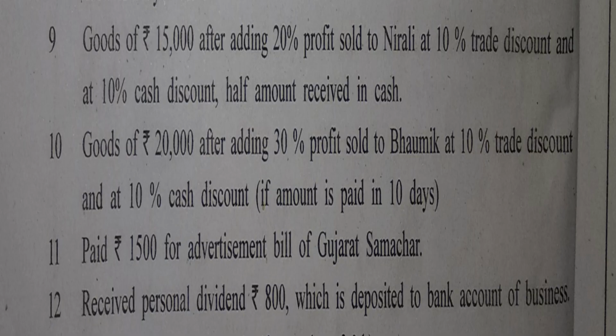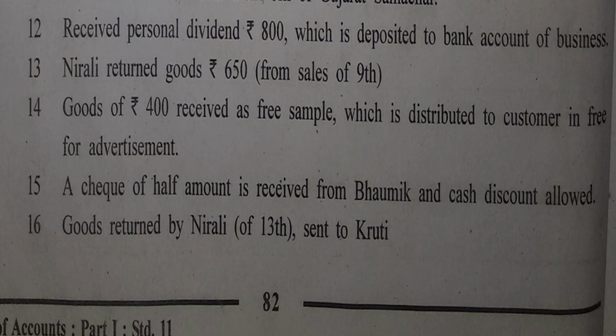And it is also clearly mentioned in the question that Bhowmick will be given 10% cash discount if he will pay the amount within 10 days. And he has made payment on 15th. So this payment is within 10 days, but he has given a check of only half amount. So obviously, with no doubt, he'll be allowed discount on half of the amount, and not the entire amount.